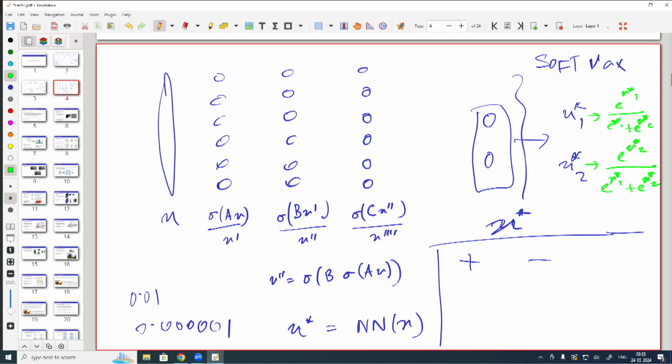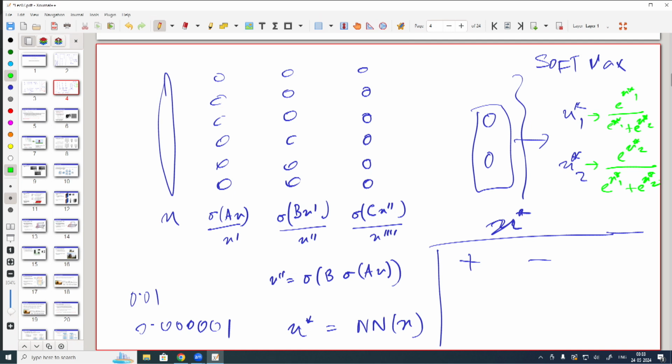For all practical purposes, this is like writing x 1 by x 1 plus x 2 and x 2 by x 1 plus x 2. It is written like this because this function is a smooth approximation to that. Plus, even if x 1 or x 2 were negative, this can handle it.